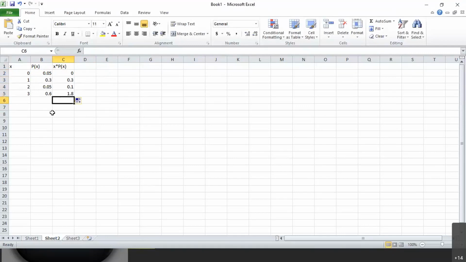Then I have my expected value, or X bar, which is just the sum of all of these. So there's my expected value. It's 2.2.